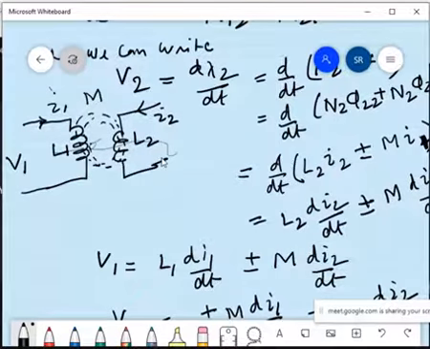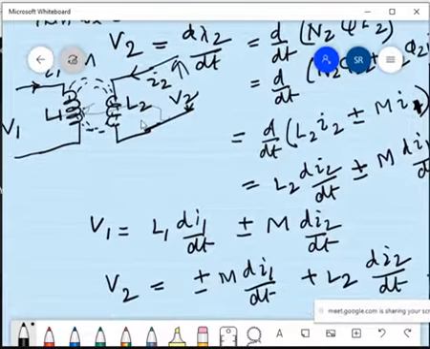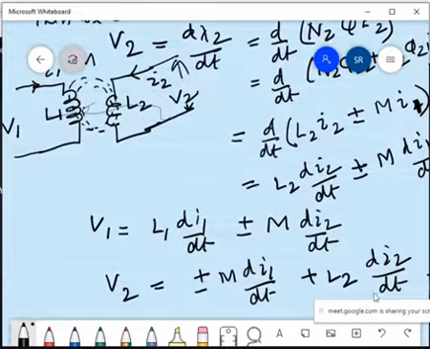Similarly, for the voltage of the second coil, this will be the mutual inductance term due to current I1 plus the self-induced EMF, that is L2 di2 dt. This part is for mutual inductance and this is for the self-induced EMF. This voltage must be the sum of these two voltages.